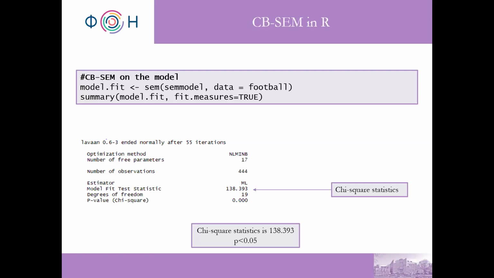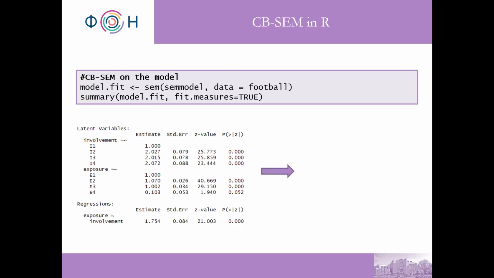We said we're interested in it being the lowest possible. So going down through the output, we have the analysis per construct and the analysis on the relationship between the constructs.